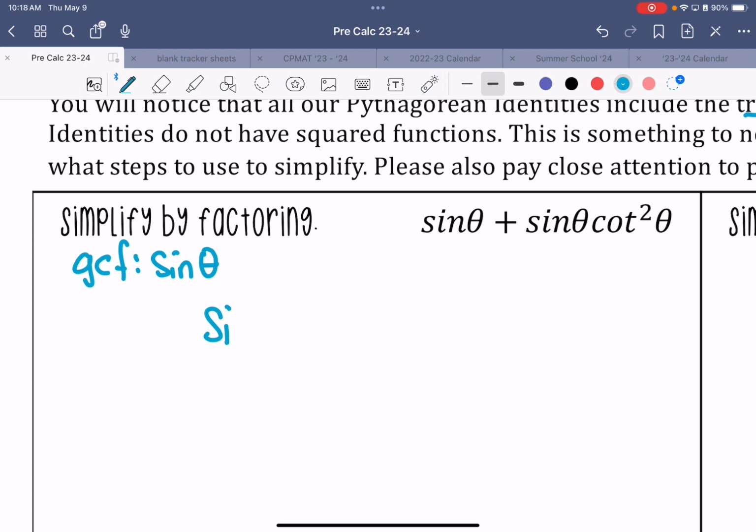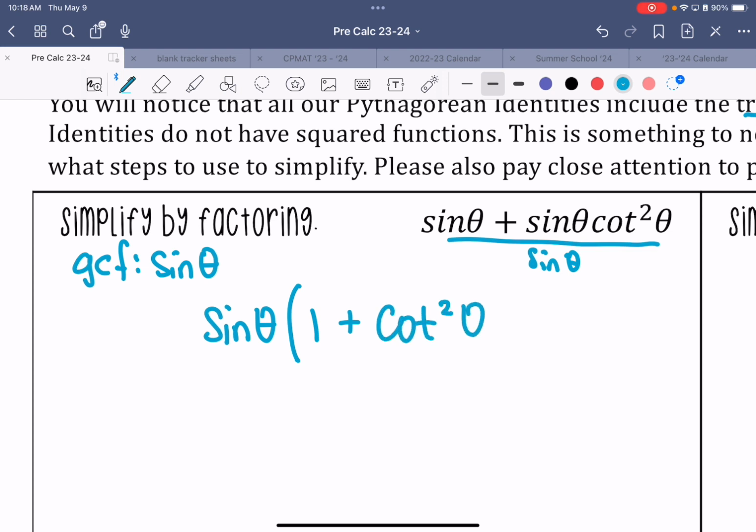Okay, so I'm going to put out front sine of theta. Now I'm going to divide it out of both my terms. If this would help you, you can draw it over here too if you want to see it written down. Sine divided by sine is 1. And I have a plus sign. Sine cotangent squared divided by sine. The sines are going to cancel, and I'll only have cotangent squared left.